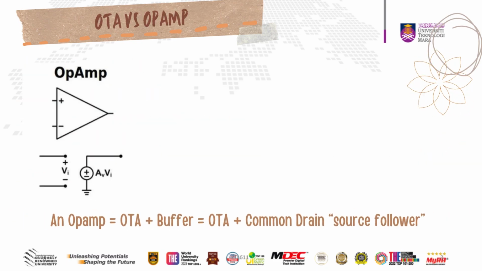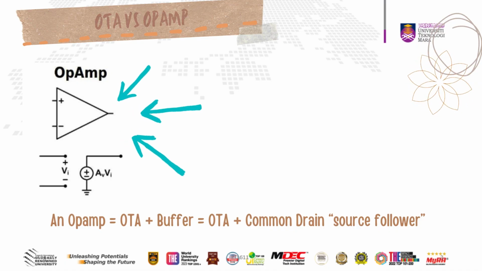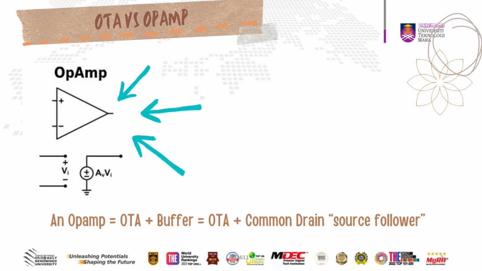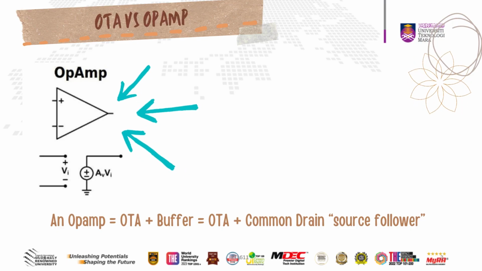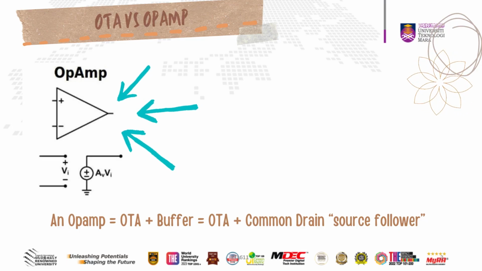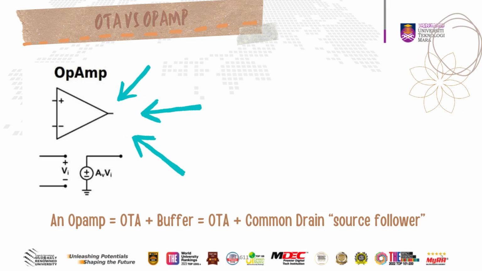The figure on this page provides a visual representation of the components that make up an operational amplifier circuit. The symbol on the left represents a generic operational amplifier. It has two input terminals, positive and negative inputs, and one output terminal.